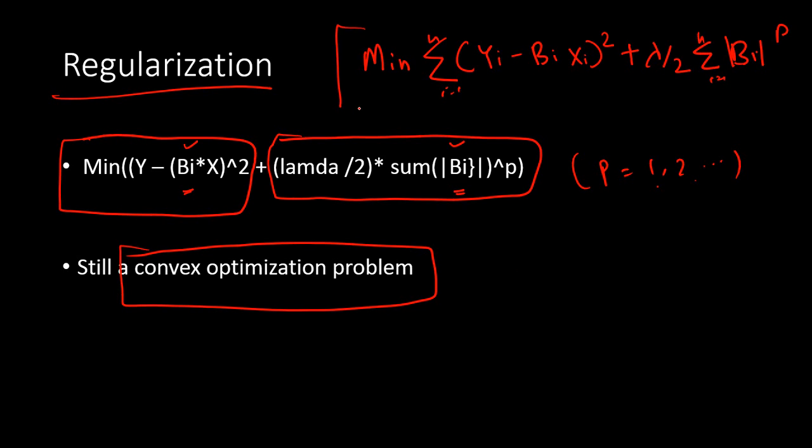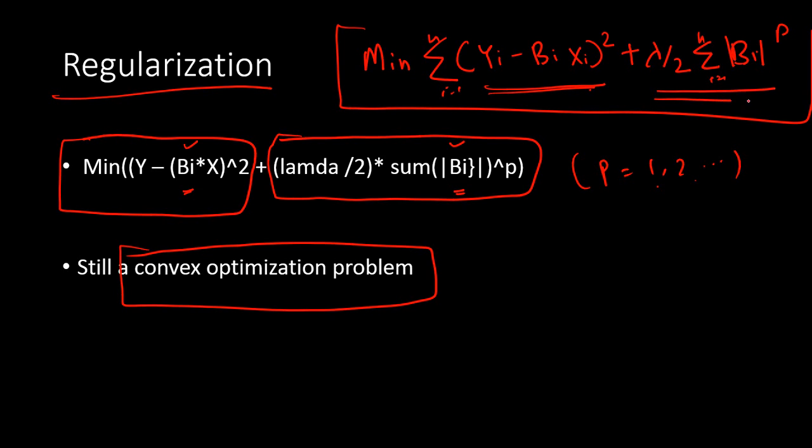So here is the new cost function. I've just written it to make sure that it is understandable. We take the summation of the error square, so that's our least square. We have added this term, and this term is known as the regularization term.